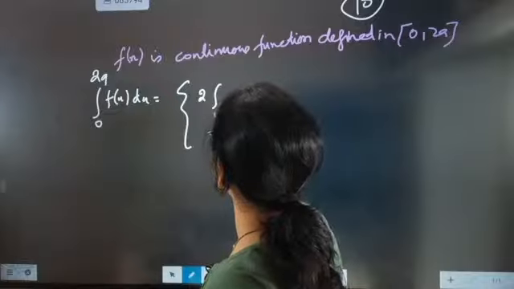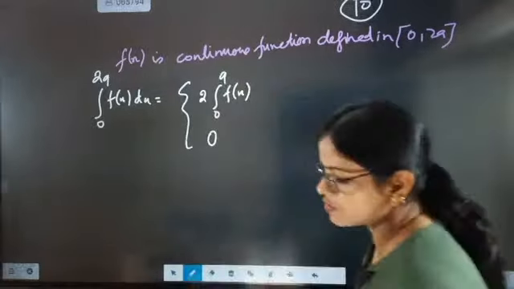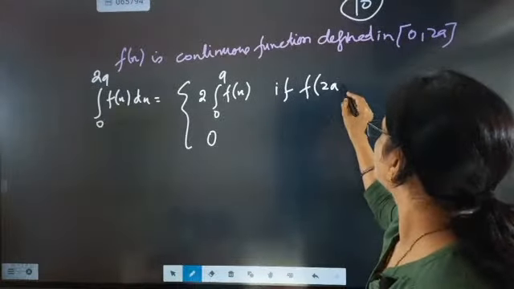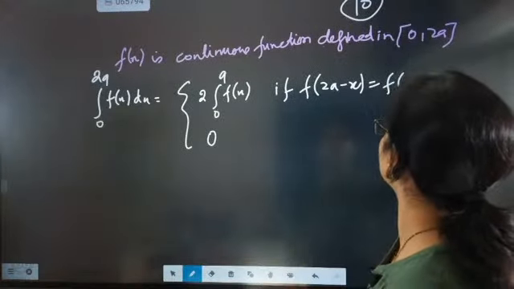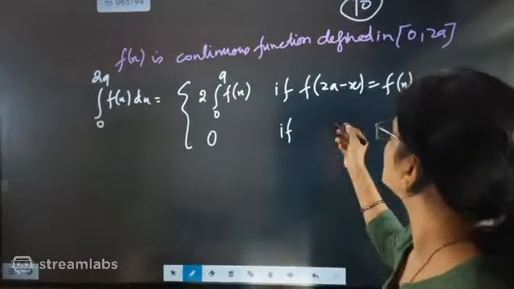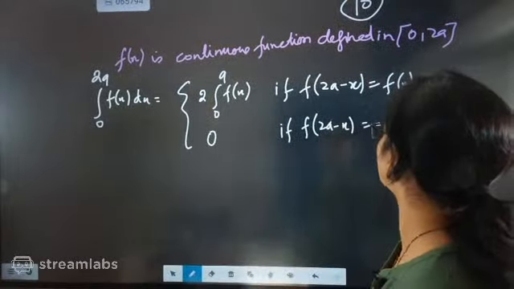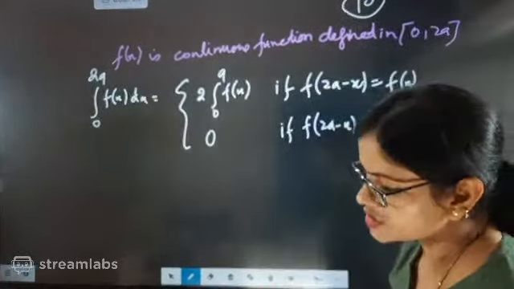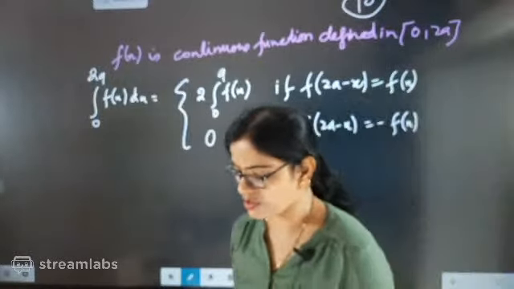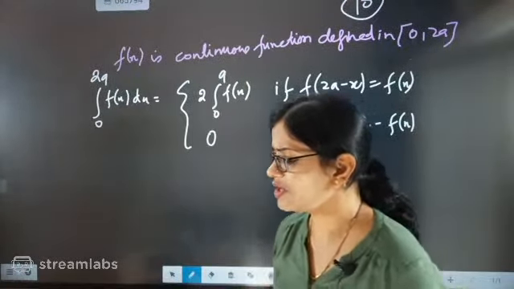So this part will become integral from 0 to a of f of x, and this part will become 0. Only one thing is there: here f of 2a minus x will become equal to f of x, and if f of 2a minus x will become equal to minus f of x, then this part is exactly going to be 0. So this is the only formula.